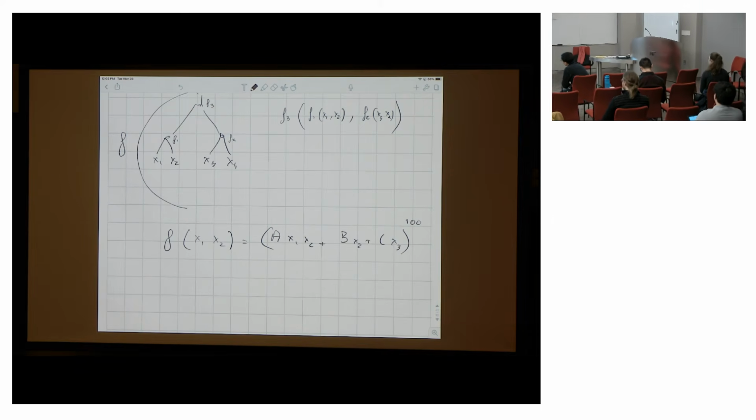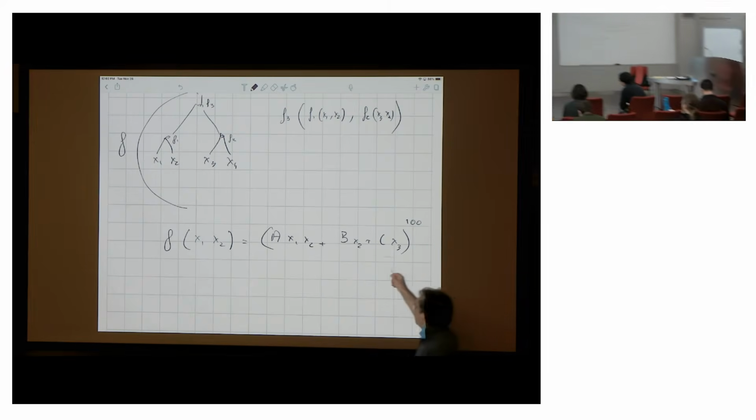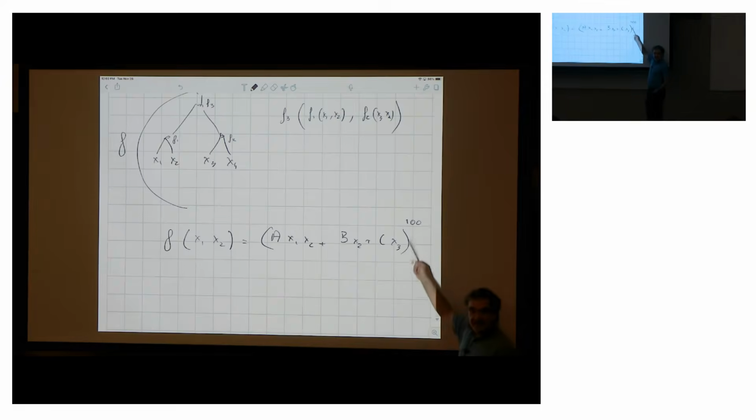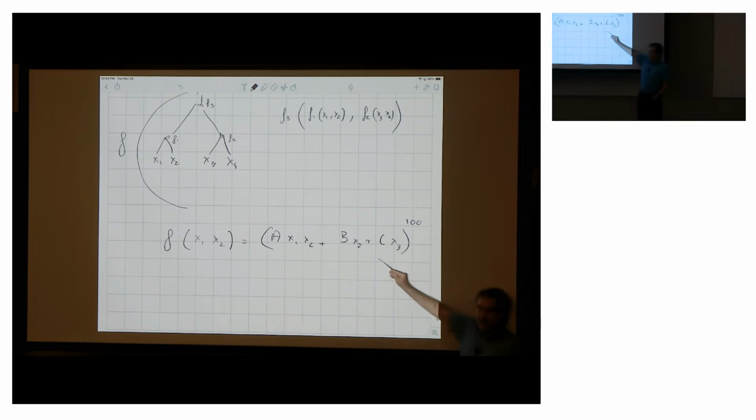Okay, a shallow network will need a lot of units because there will be a polynomial of order 100.